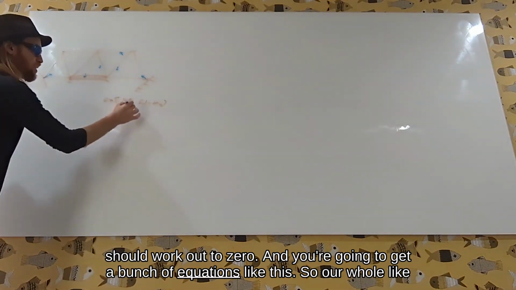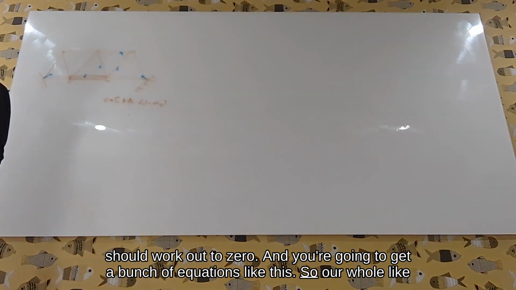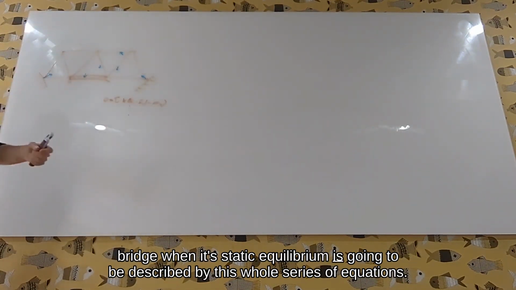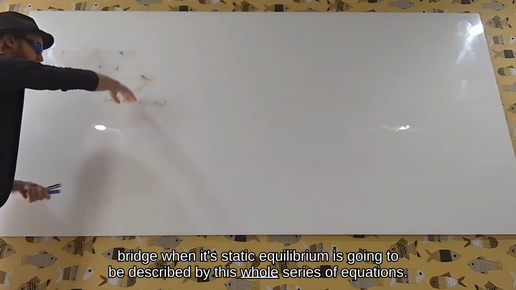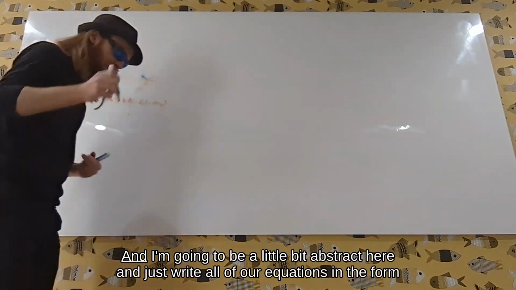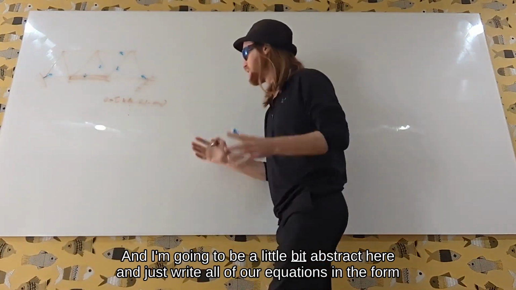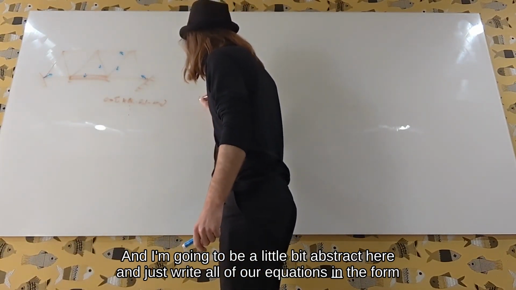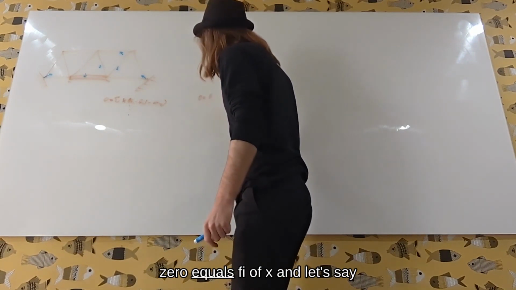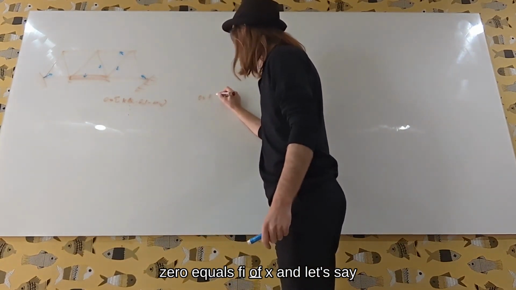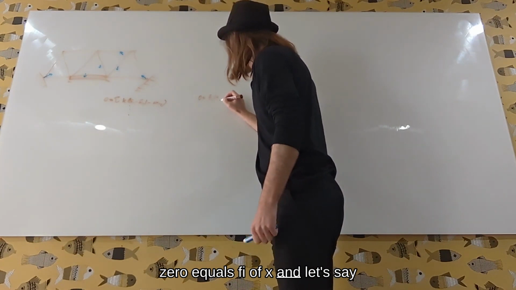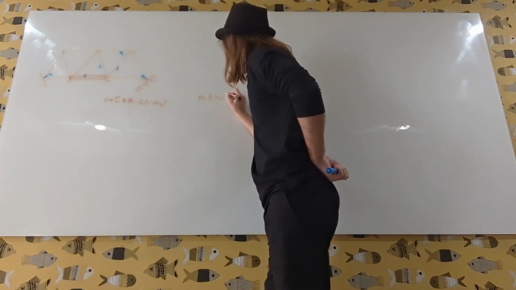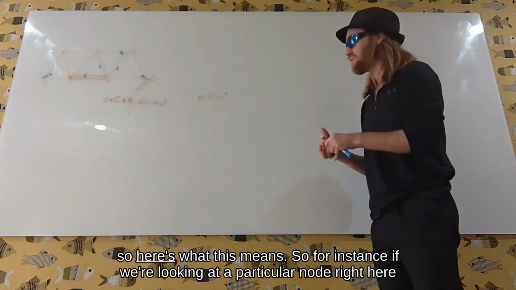And you're going to get a bunch of equations like this. Okay? So our whole bridge, when it's in static equilibrium, is going to be described by this whole series of equations. And I'm going to be a little bit abstract here and just write all of our equations in the form 0 equals f_i of x, using the notation of neighbors of. So here's what this means.